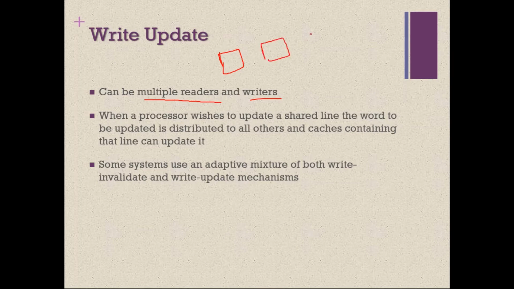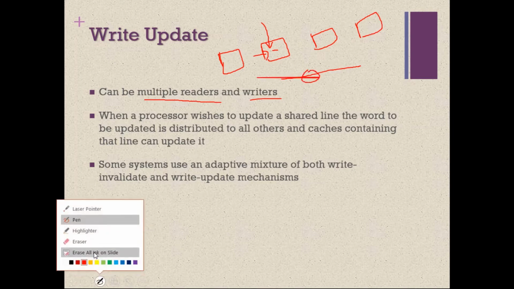Now if one of the processors wants to perform a write operation on some line, a line is nothing but a collection of words. Only some of the words it is going to modify, right? So in a line it is going to modify a few words.